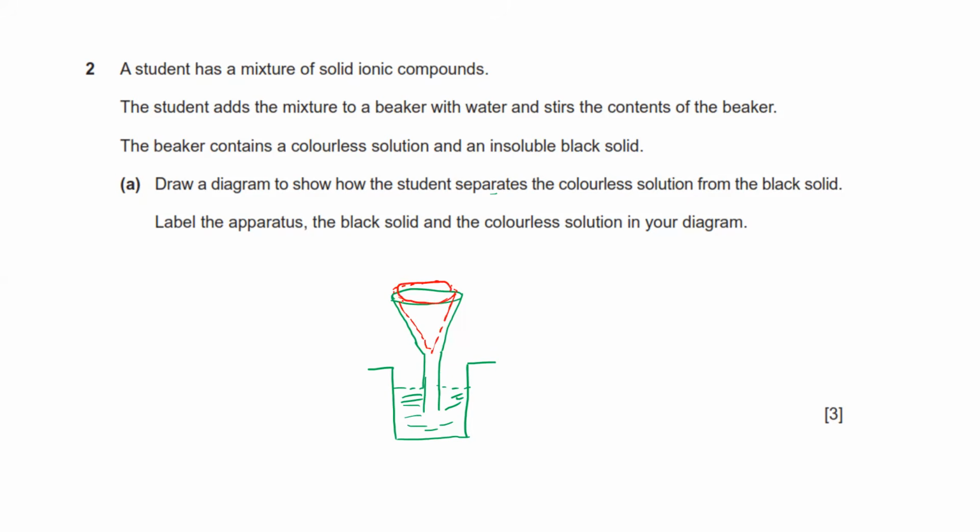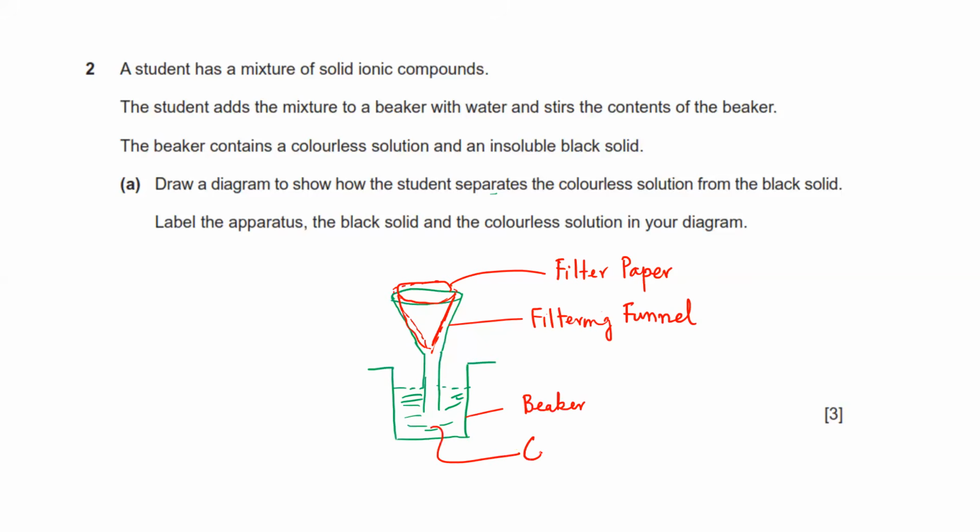So let this red thing inside this be my filter paper. Let's label it. So this is a filtering funnel. This is your beaker. This solution is the colorless solution.